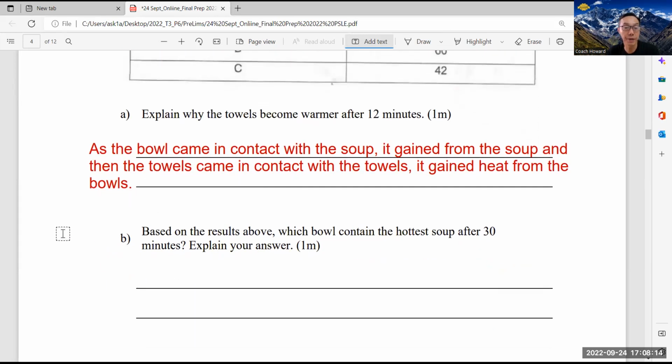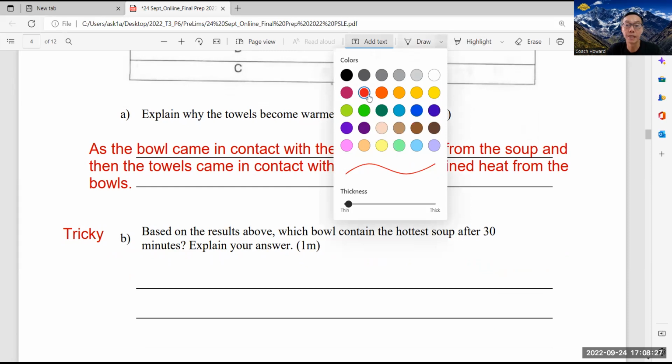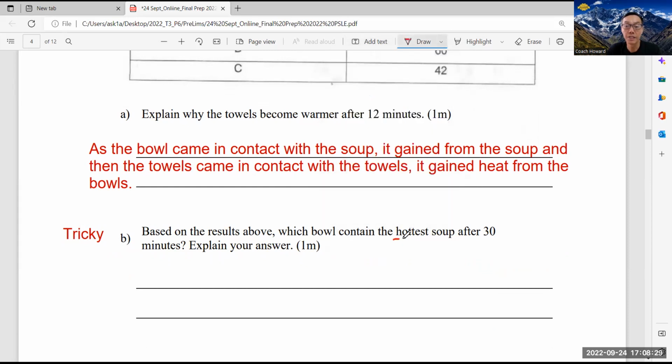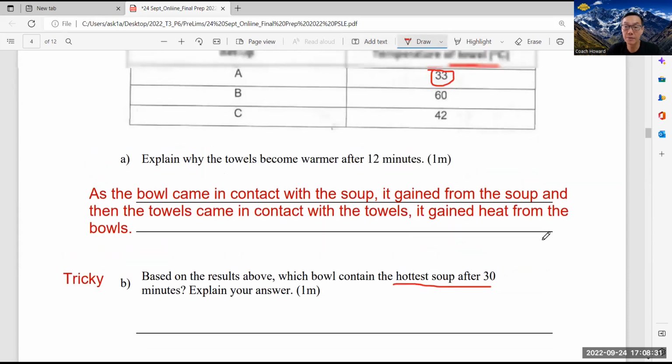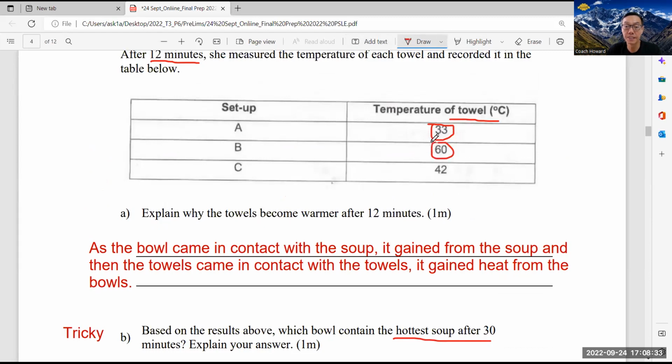Okay, this is a tricky one you put here. This is the tricky part that many students get wrong. Okay, based on the results above, which bowl contains the hottest soup? I tell you, most of the time the students will look at here, 60 degrees.